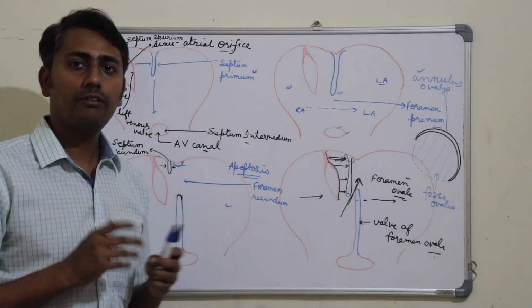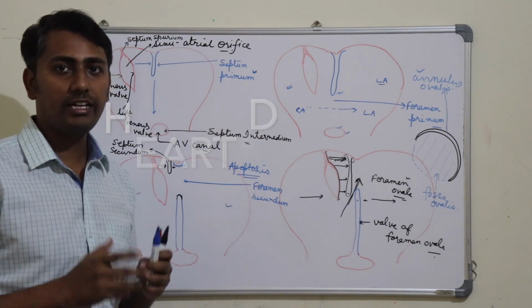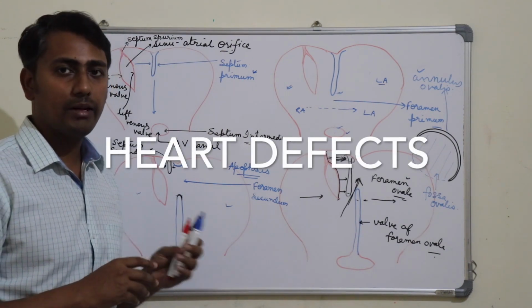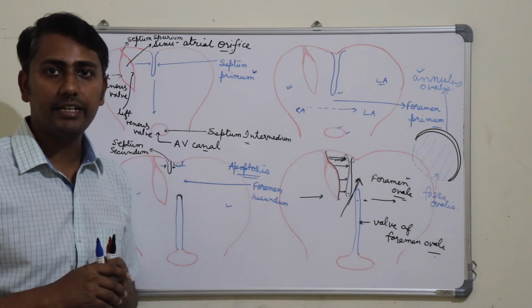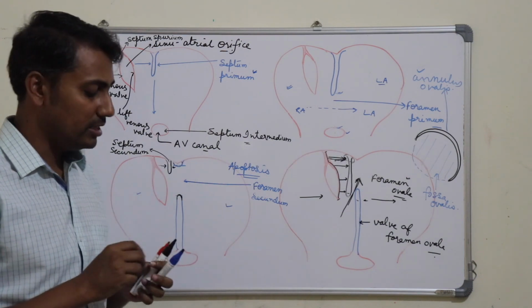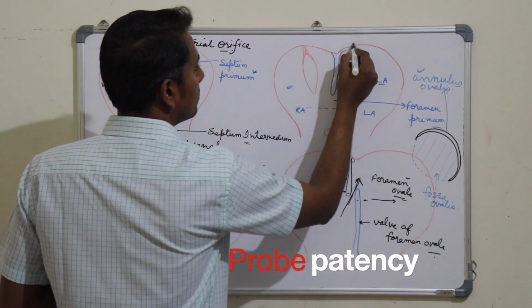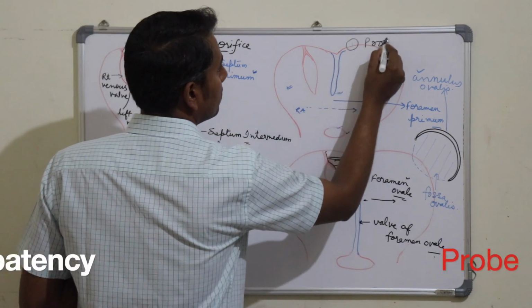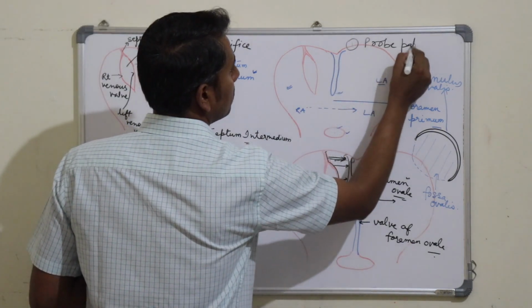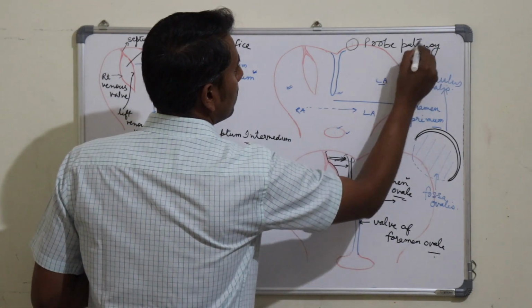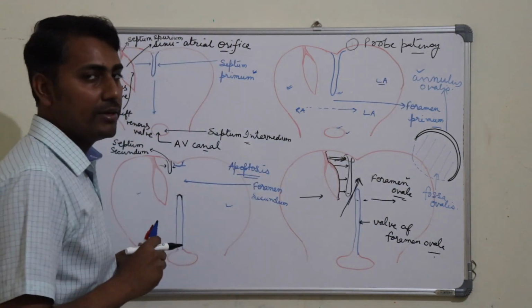Okay. Now we will study the different heart defects based on the development or formation of the interatrial septum. First is the patent or probe-patent foramen ovale.